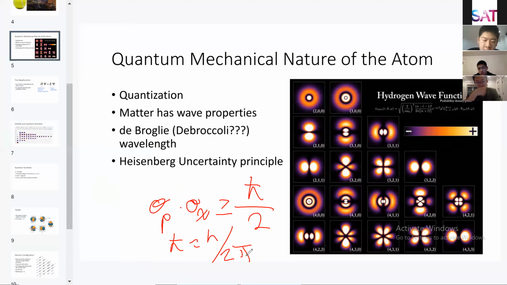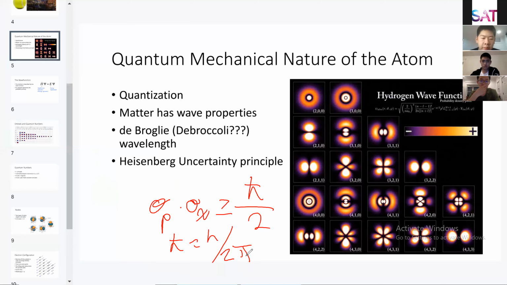So basically on the macroscopic scale, on the level that you can really see, sigma p and sigma x are going to be much, much larger than h bar over 2. So this doesn't really apply to classical real world systems, right?